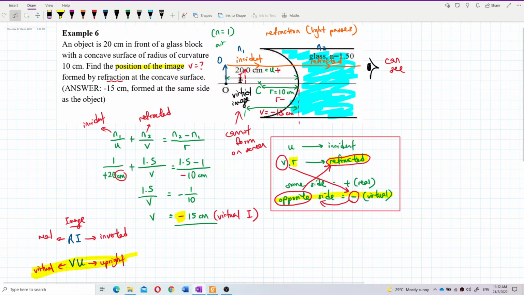The light doesn't go to the image point, doesn't pass through the image point, so there's no light over here. The light doesn't form an image on the screen. But the light can enter our eye, so we still can see the virtual image from the glass. Just that this virtual image cannot form on screen, because there's no light. The light already goes to the other side, doesn't go to this point. That's why no image is formed on screen.